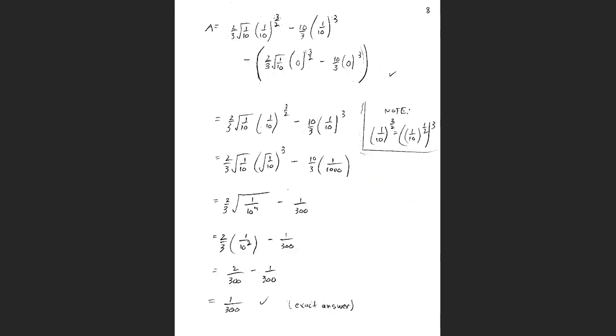All right, well, we have to put in then our limits. We have to put in these limits. Okay, have to put in the 1/10 and the 0. So let's do that. Here's the 1/10.